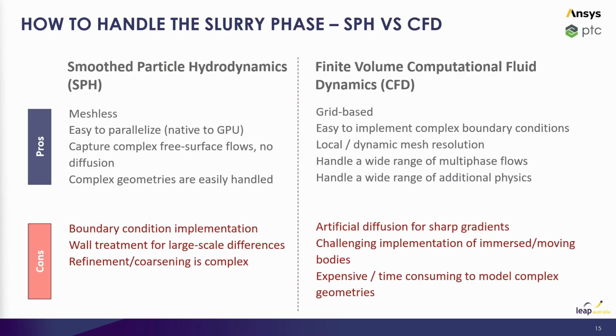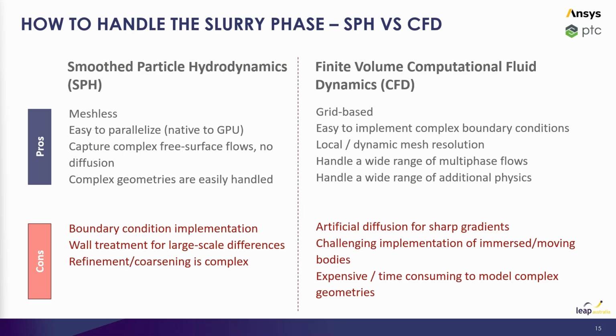So let's just summarize this really quickly. Let's summarize the pros and cons of SPH over CFD really quickly. It essentially just boils down to a few factors. Given that the SPH algorithm is very similar to DEM, as you could expect, it's very easy to parallelize, meaning that it's very efficient on the GPU, offering significant speed up over traditional CPU-based solvers.